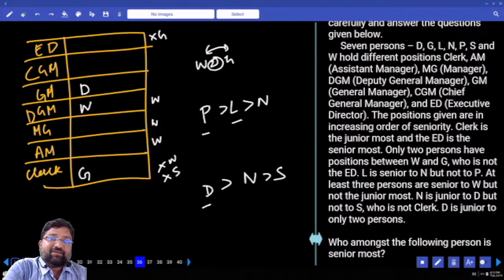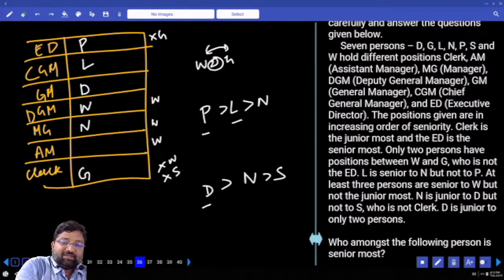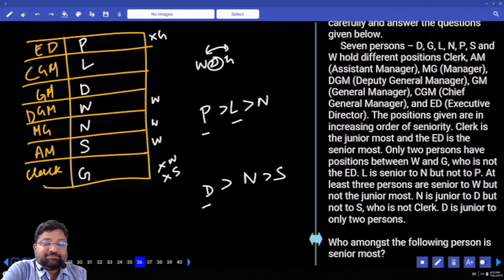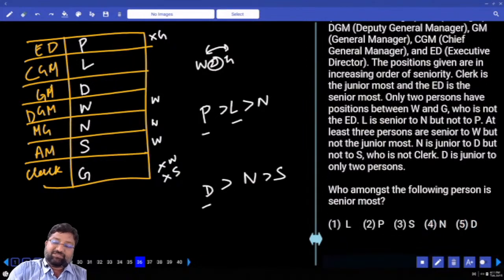And before N, I should go for a minimum of two people. Who are those two people? P and L. If I put N here, this is P, this is L, and after N there should be S. Does it fit or not? The answer has come in the first case.